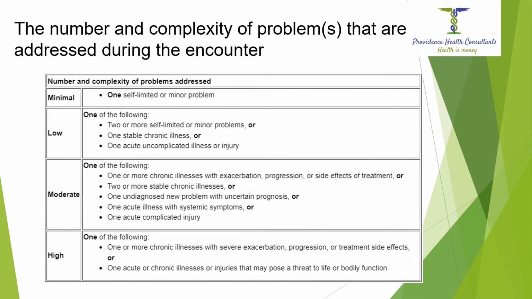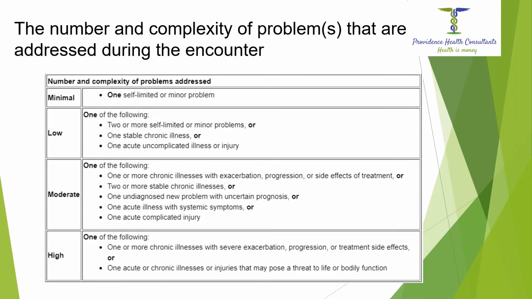So this comes the number and complexity of problems. If the patient medical record has one self-limited or minor problem, it is considered as a minimal complexity. And if the patient is having two or more self-limited or minor problems, or one stable chronic illness or one acute uncomplicated illness, it is considered as a low level of complexity.